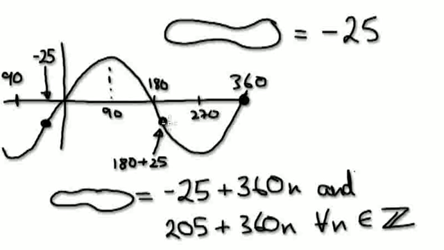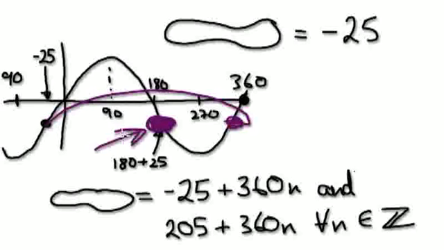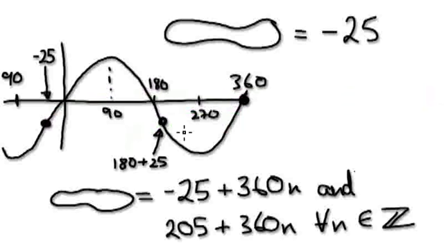Okay, and don't forget, we still need to have this point, because 360 will give us this solution here. So you need to develop a way to locate this solution here. And once you've got this solution, you can keep on adding 360, 360, 360, and so on.